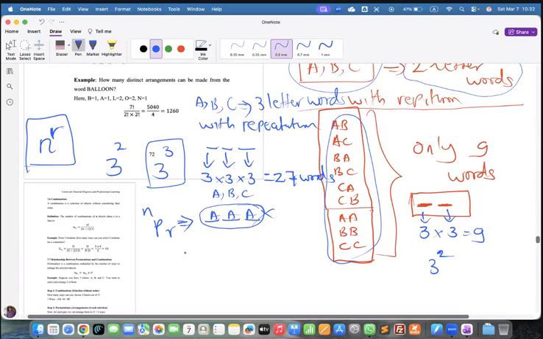But if you are using n to the power r, this is possible. A is also considered. That is the thing, so you can remember this. Depending on the question scenario, you need to decide whether to use this one or this one.